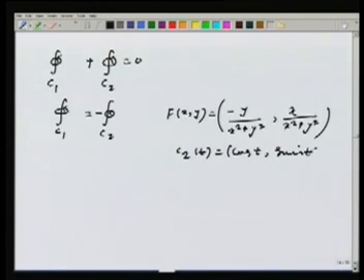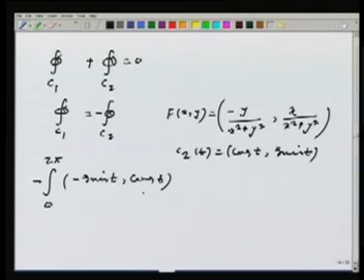Now this line integral is easy to evaluate. I look at minus, then 0 to 2 pi, f of C2, that is minus sin t, then cosine t.